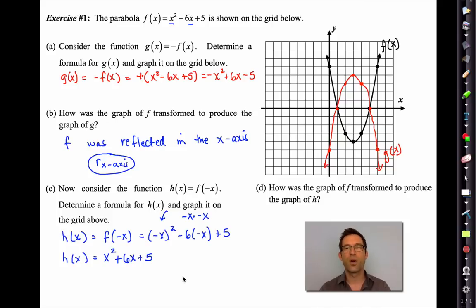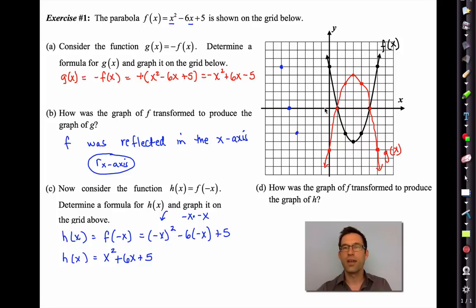All right. Let's go through it. My first value was negative 6, 5. Then my next value that I found was negative 5, 0. Then I found negative 4, negative 3.